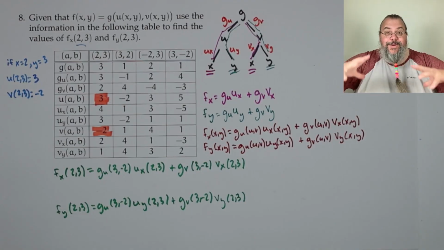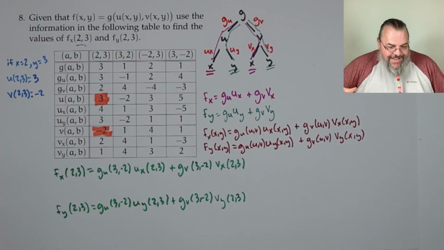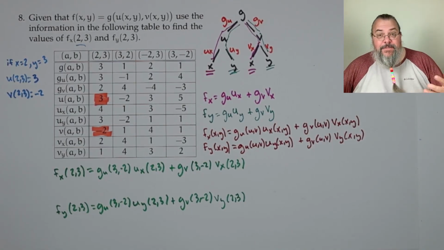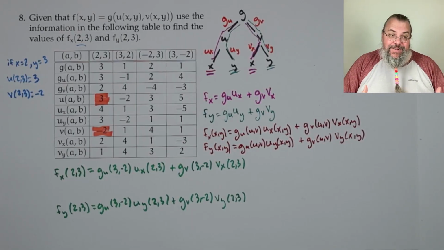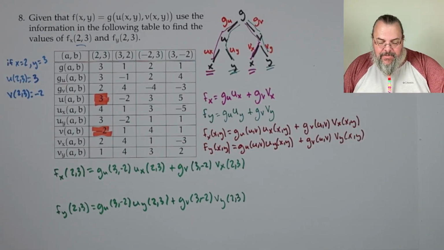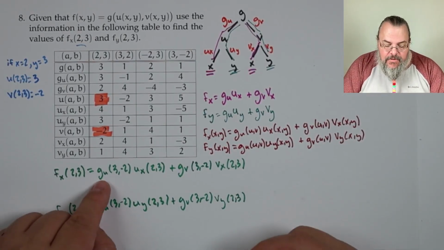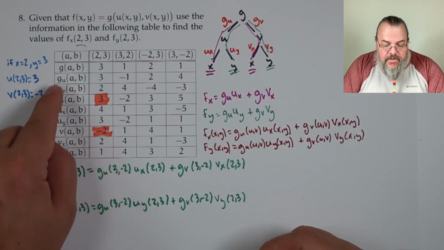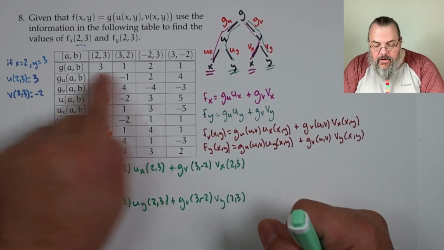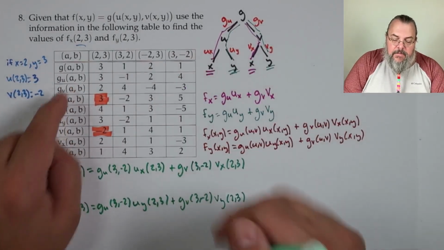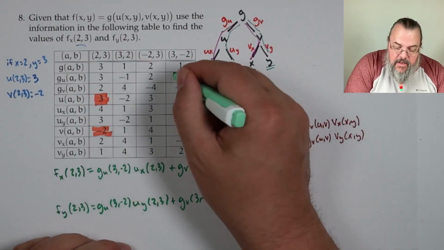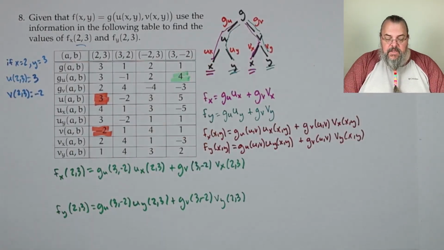The good news is we've done the work. The rest of this problem is reading the table. So what are some things we need? We need to know g sub u of 3, -2. So there's a g sub u, that row, 3, -2, that column, and so we need to get that number, 4.